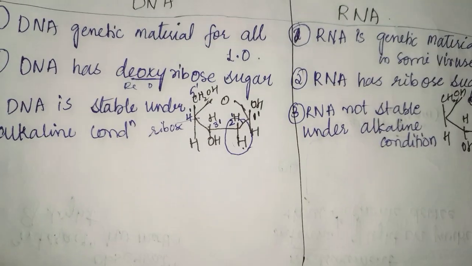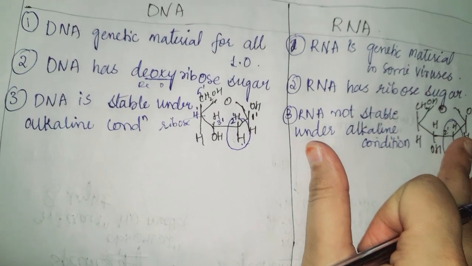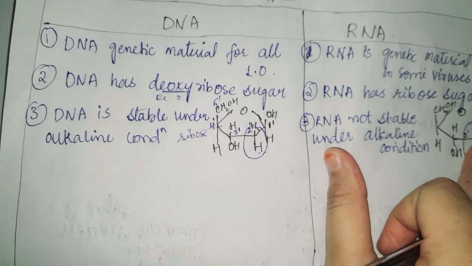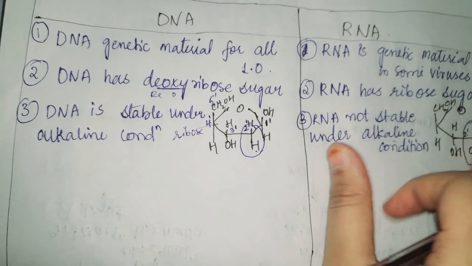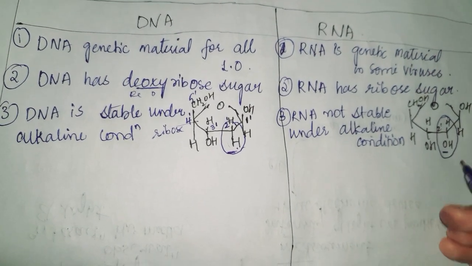Now tell me, what is the difference that makes DNA stable while it makes RNA unstable in alkaline condition? That is only the difference: it is deoxy in DNA while it is ribose in RNA.